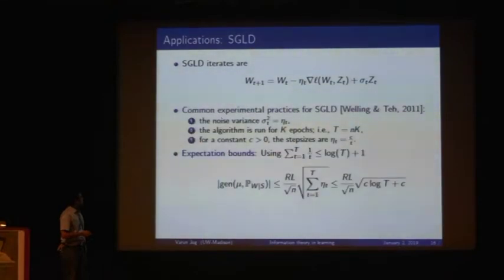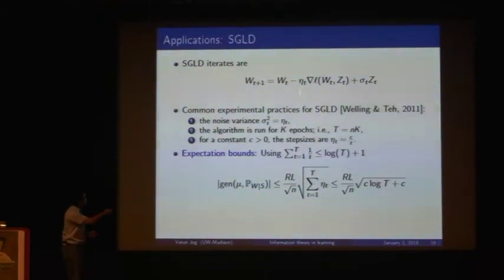All right. So as I said, the canonical example that we had in mind was the stochastic gradient Langevin dynamics, SGLD. You take a gradient step and deliberately add Gaussian noise. So we plugged in the standard parameters that people use in SGLD. For example, sigma t squared, the amount of noise, is equal to the step size eta t.